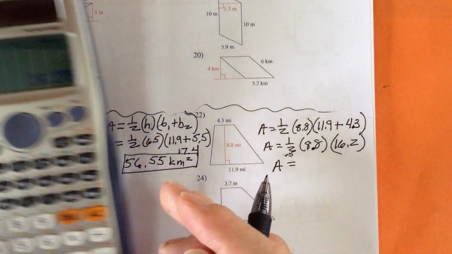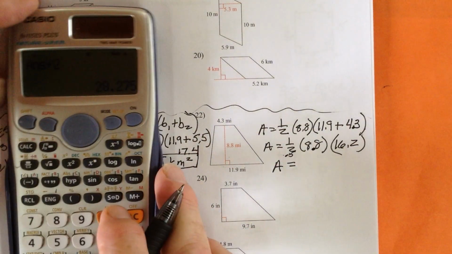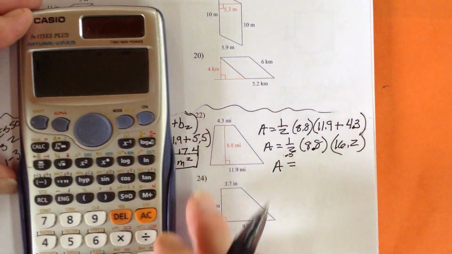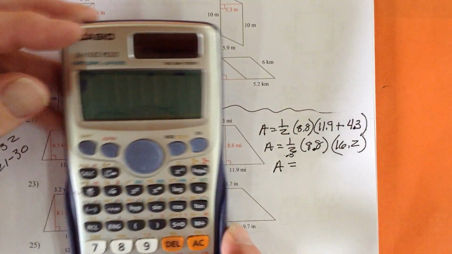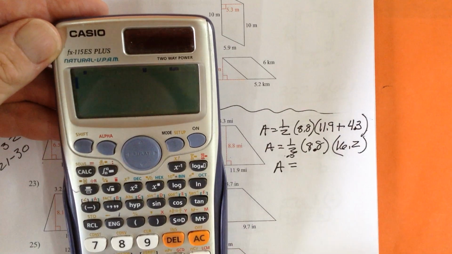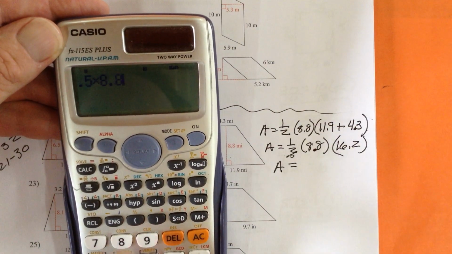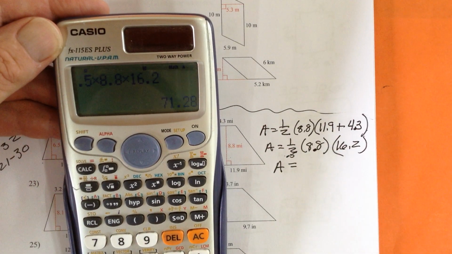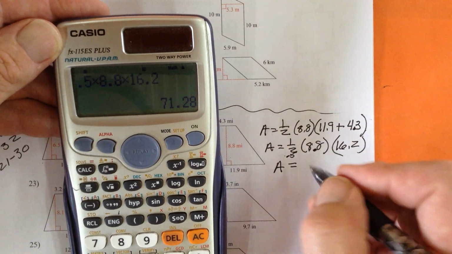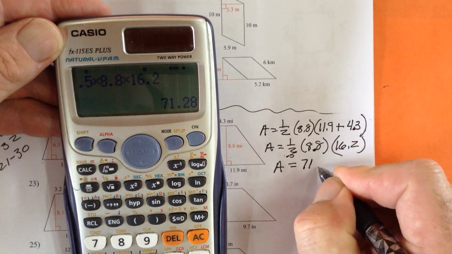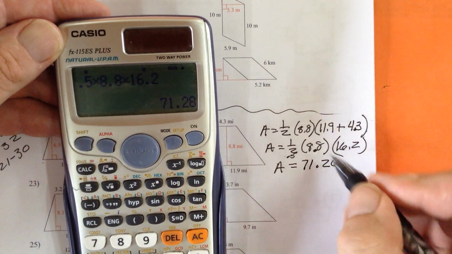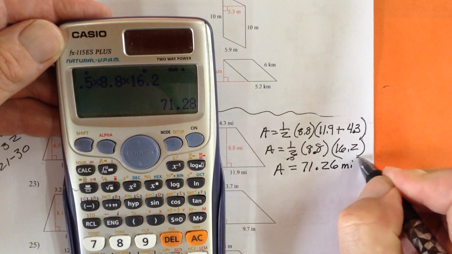Okay, here I'll do it on here. If you can see it, if I hold it up a little bit, 0.5 times 8.8 times 16.2 equals, I end up with 71.26 square miles.